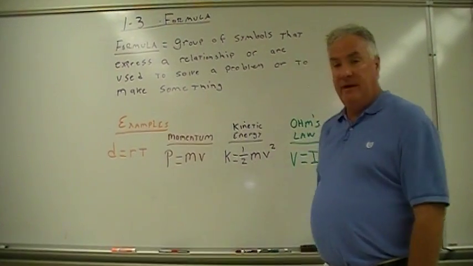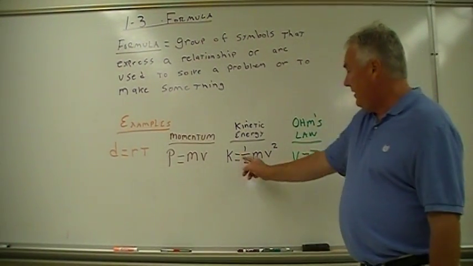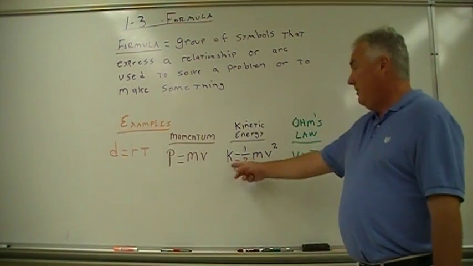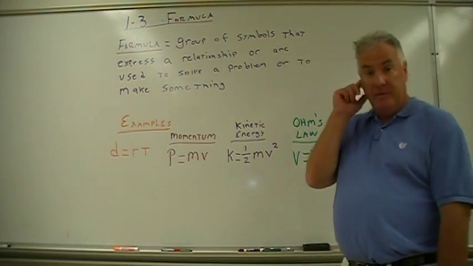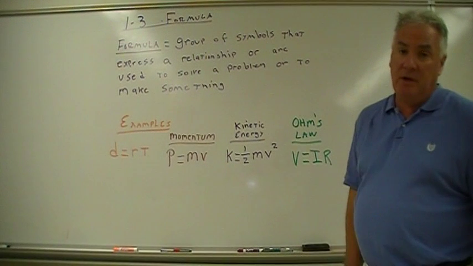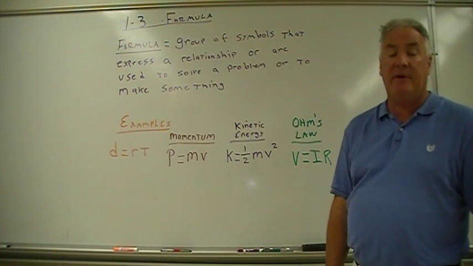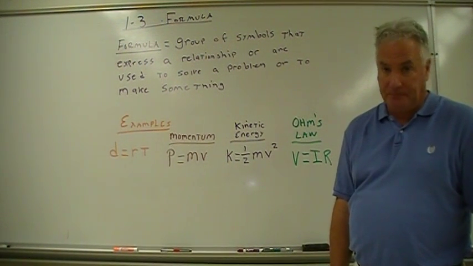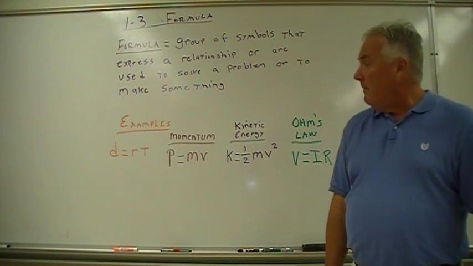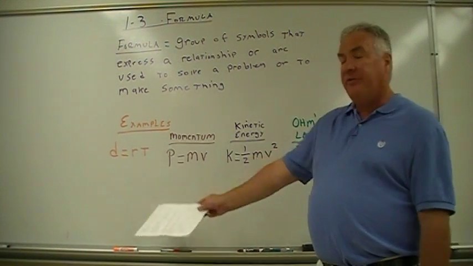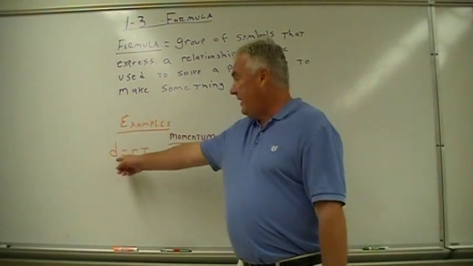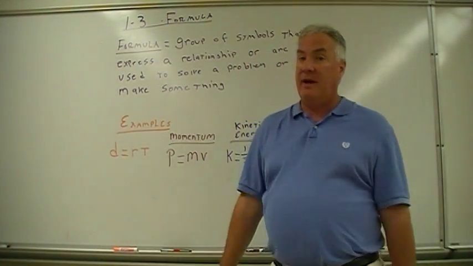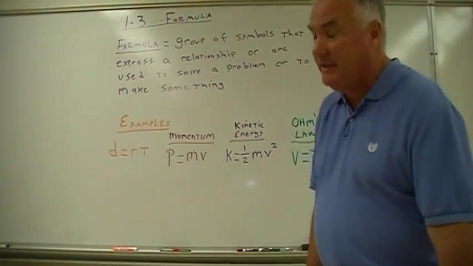Same here. You'll be given 2 out of 3. Here there are 3 variables too, and you'll be given 2 out of the 3. This one also has 3. Sometimes some are less. There could be even ones with 4, maybe even 5 variables, possibly. Now, you may not be given all this information directly. You may have to do some work to find out the distance that it traveled. It may not be real specific.